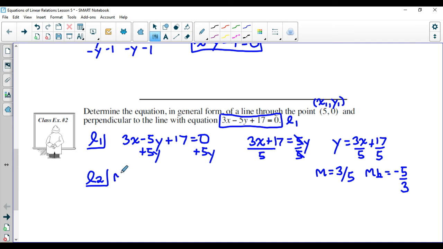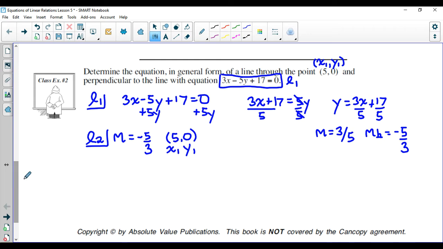Okay, so for line 2, this is the line we're going to write the equation for. We know the slope is that perpendicular slope, which is -5/3. And we know it passes through the point 5, 0, which is x1, y1. Now, let's write this down in slope point form.